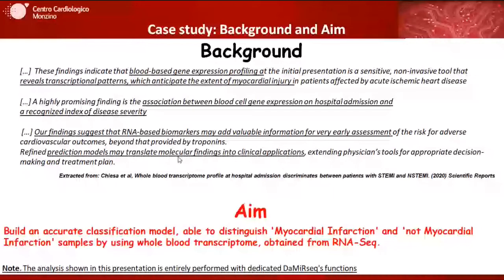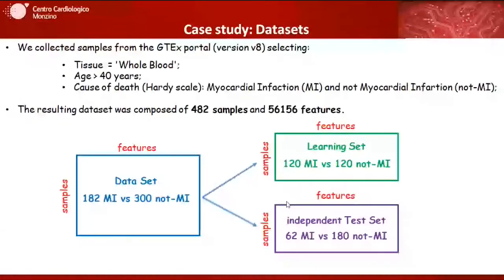First of all, we collected samples exploiting the GTEx portal, which you probably know gathers the transcriptome of thousands of samples of tissues. To do that, we selected samples with a tissue equal to whole blood, with an age greater than 40 years, and obviously with the cause of death being myocardial infarction or not myocardial infarction.